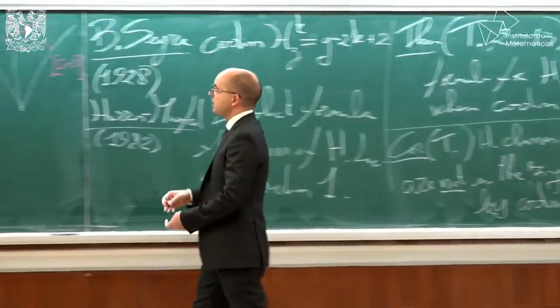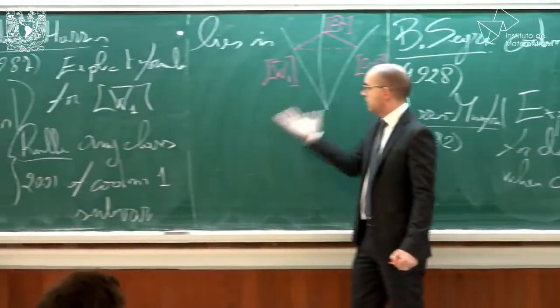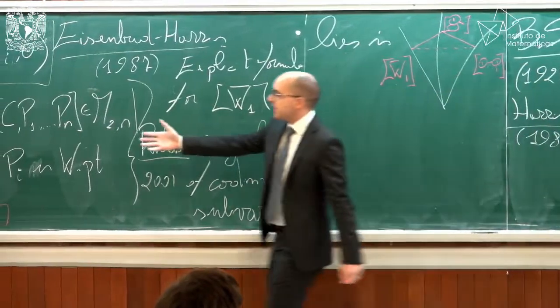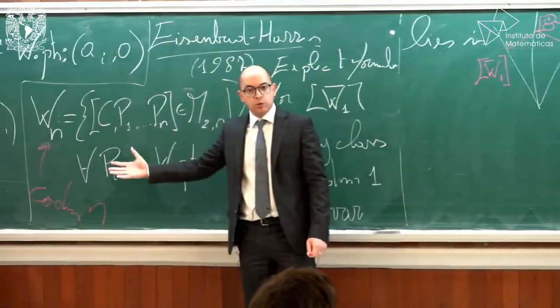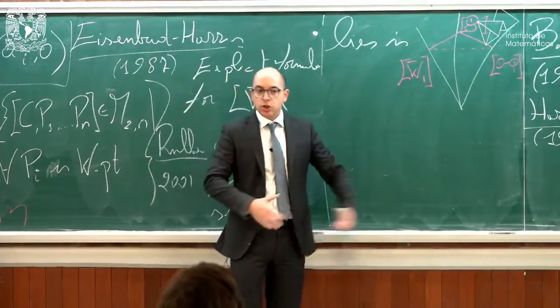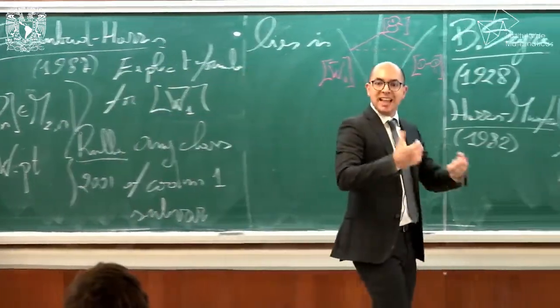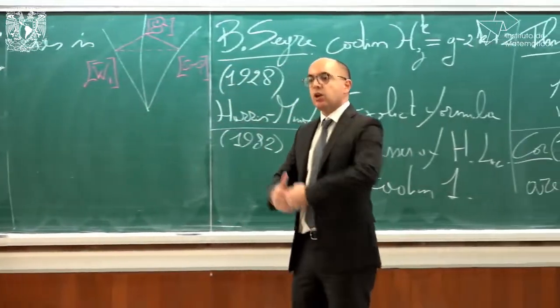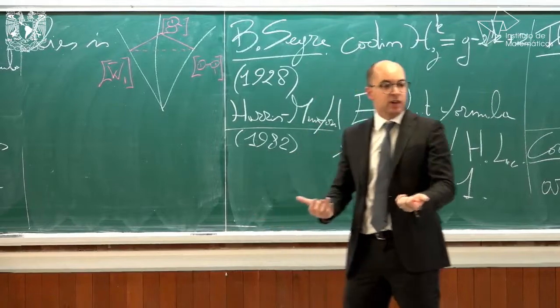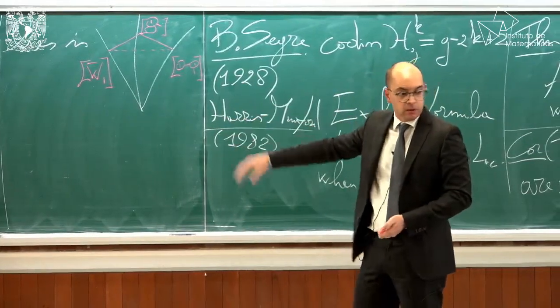What is interesting about this result by Rulla is that this is not just an arbitrary example. When n is equal to 1, this generates an extremal ray of this cone. So it's not just an independent example, but it helps you to find the structure of all classes of codimension 1 subvarieties in this space.